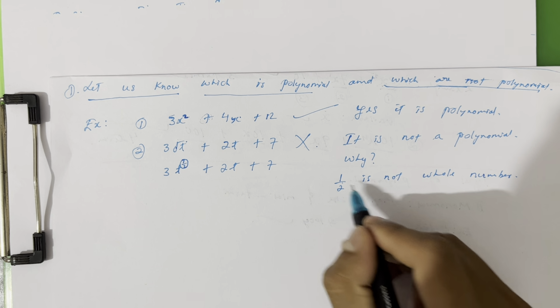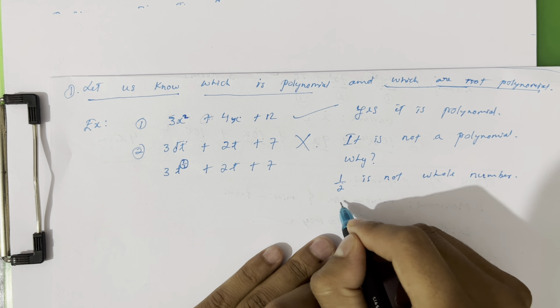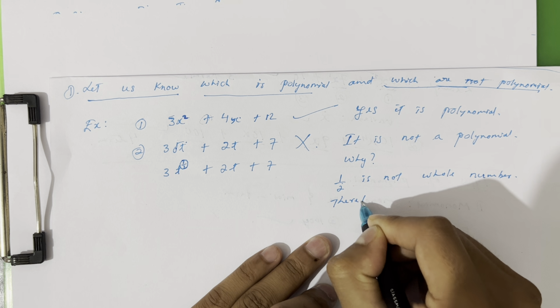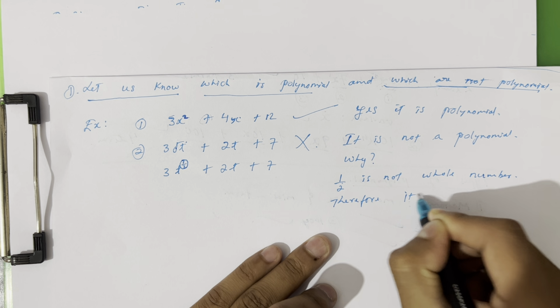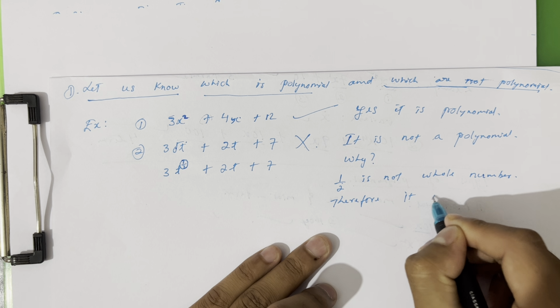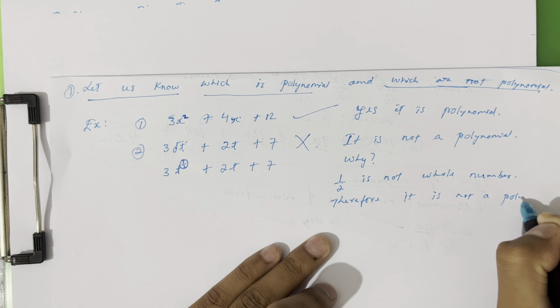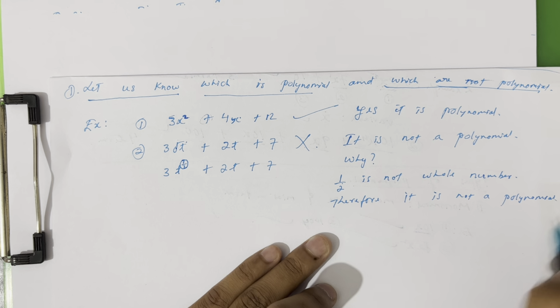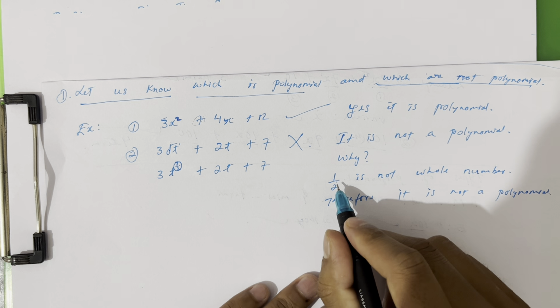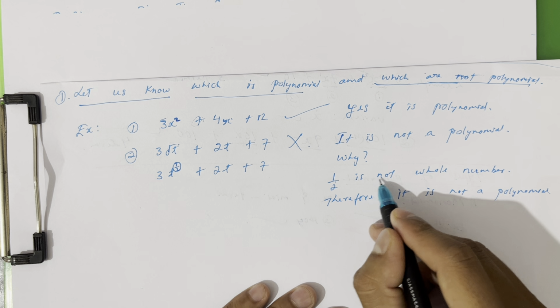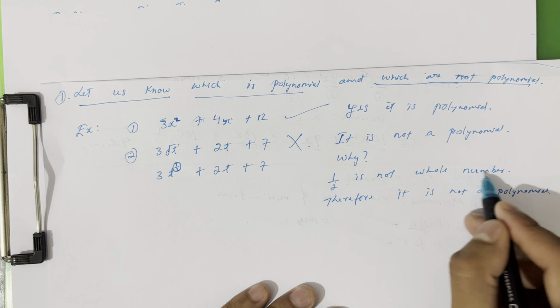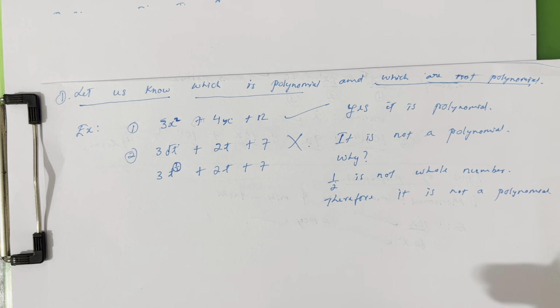Half is not a whole number, so therefore it is not a polynomial. Do you see now? Only half, it is not a whole number, therefore it is not a polynomial.